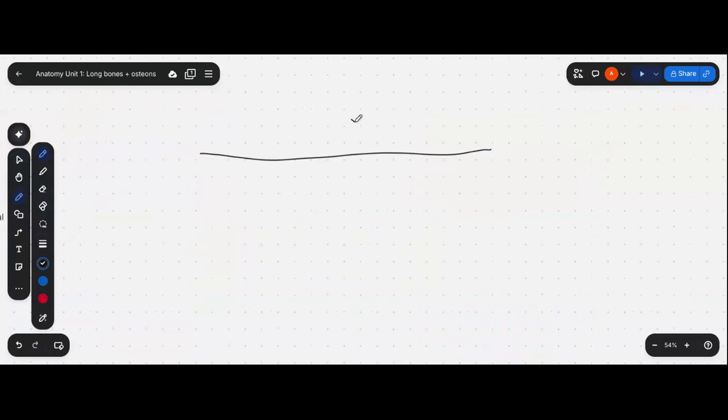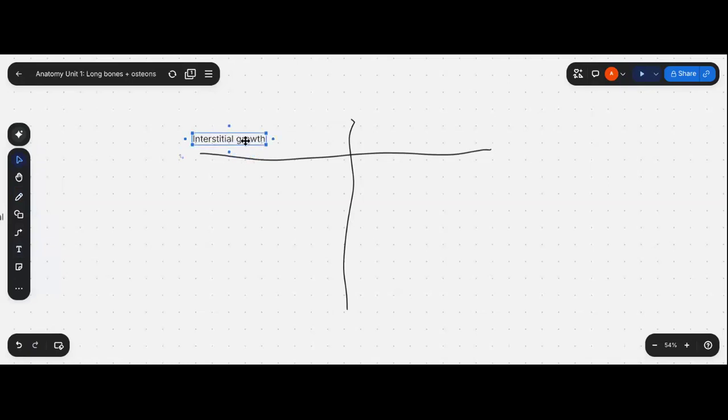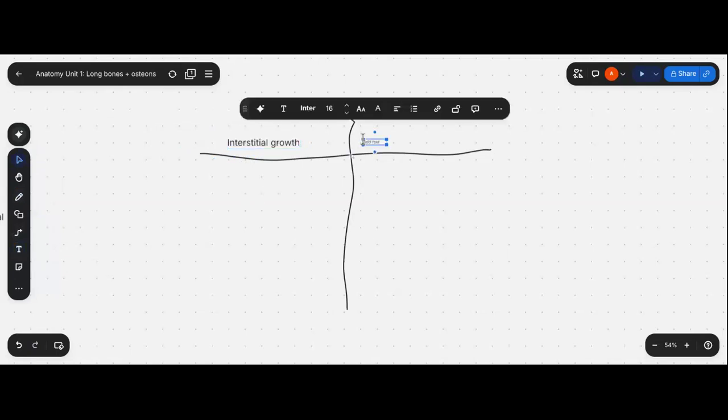So again, the difference between interstitial versus appositional growth. These are two different types of bone growth that can occur within your body. Appositional is the other one.